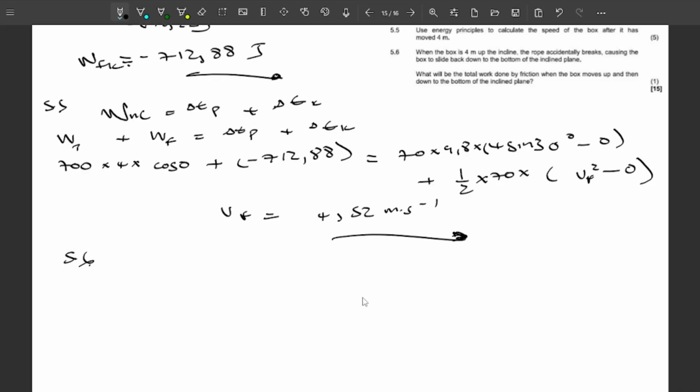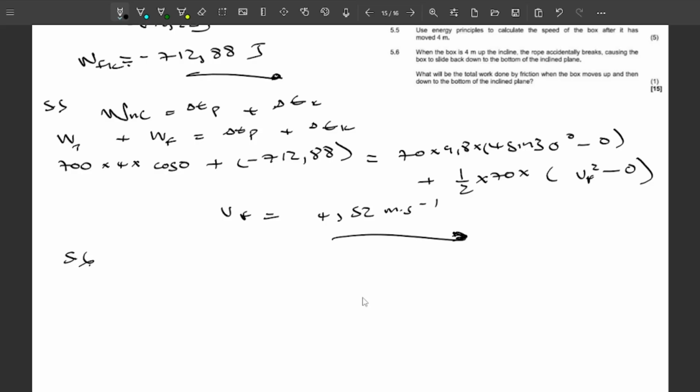This is an interesting question, though. What will happen here is, remember that friction is trying to oppose the motion of the box. Say for instance it just breaks. Now, friction, what will it do as it slides down?